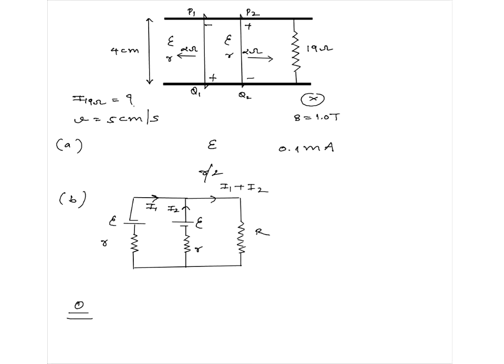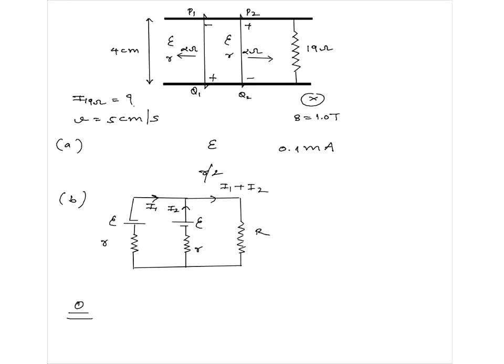Now this one goes like this. You can see those sliders P1, Q1 and P2, Q2.